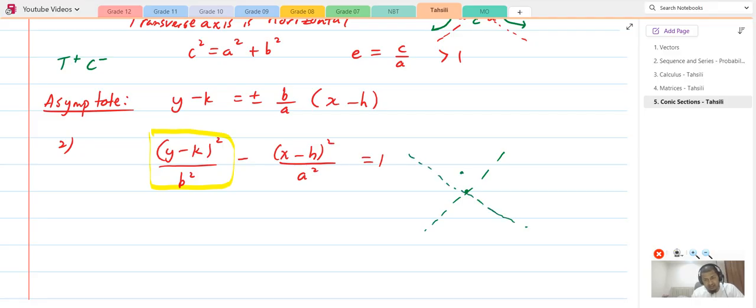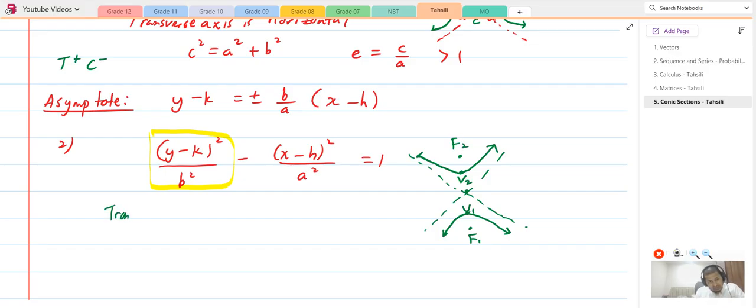Remember, the vertex is here, vertex is there, so it goes close there and close there, close to that asymptote and close to that asymptote. That's the vertices. The focus is here, focus 1. These are vertex 1, vertex 2, focus 1, focus 2.